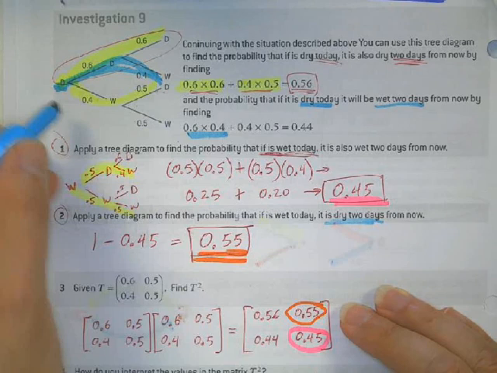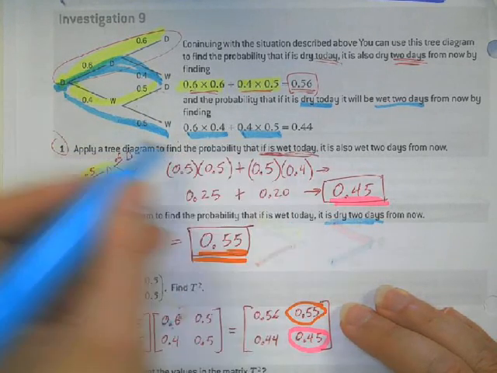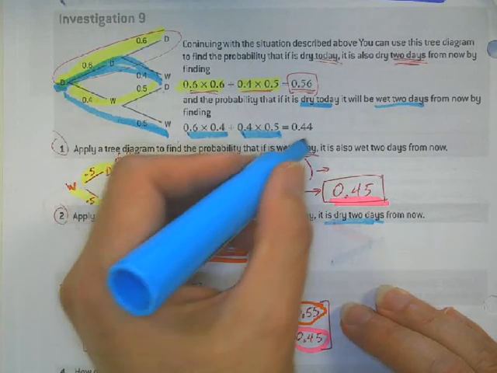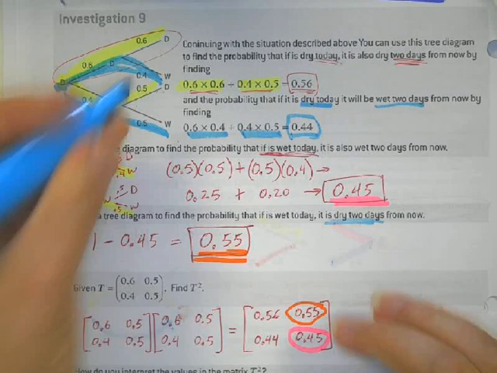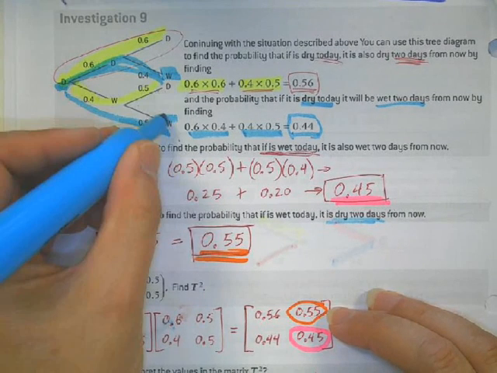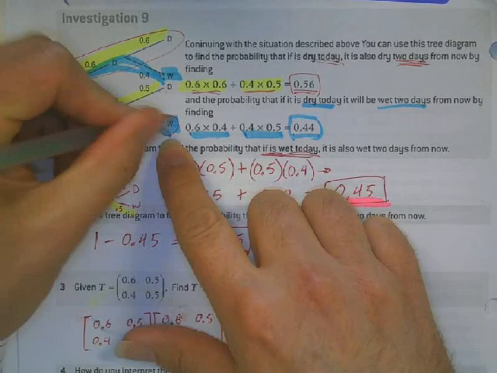And if I go this way, it's also going to be wet 2 days from now, which is 0.4 times 0.5. So this is the probability that it's going to be wet 2 days from now. I'm just looking at this W right here, 2 days from now is here and here.